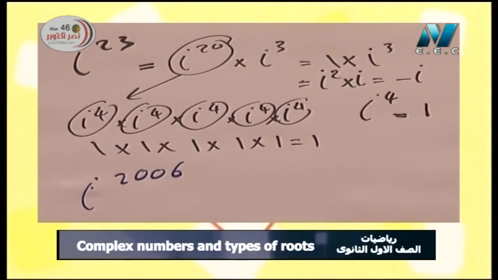You can try using your calculator. 2006 divided by 4 equals what? Equals 501 and a half.